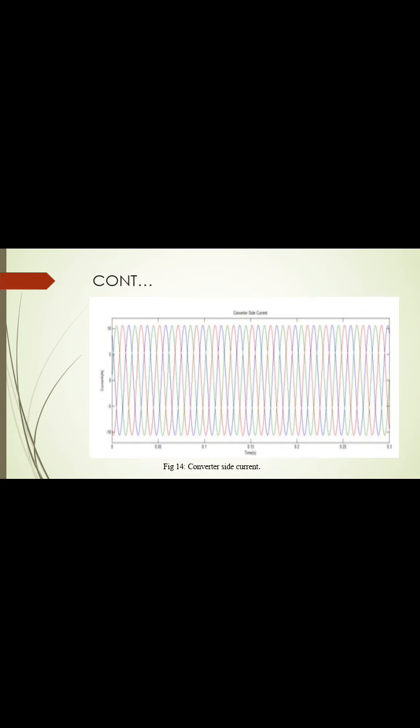It is a charging process. It starts increasing from 50%. This is the SOC of the EV batteries in discharging mode. This waveform is the converter side current. This is the DC bus voltage.